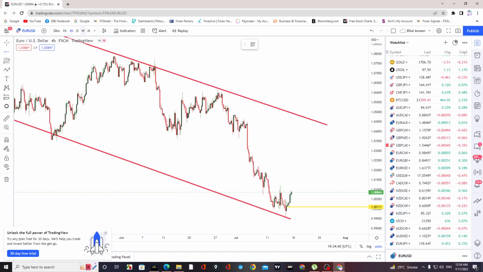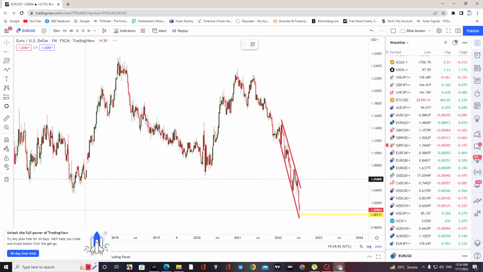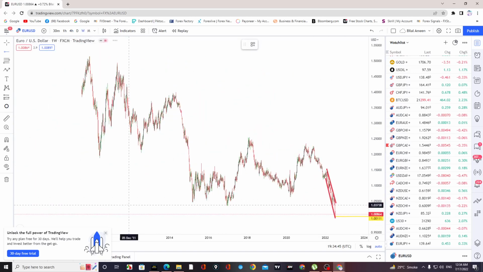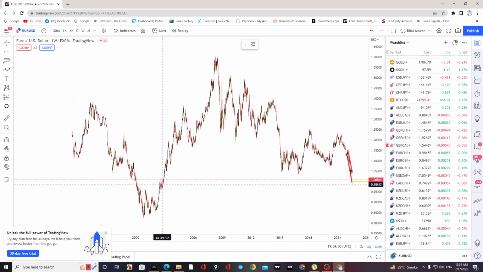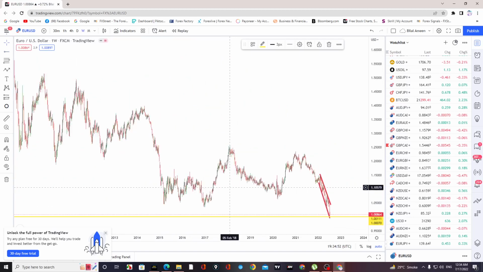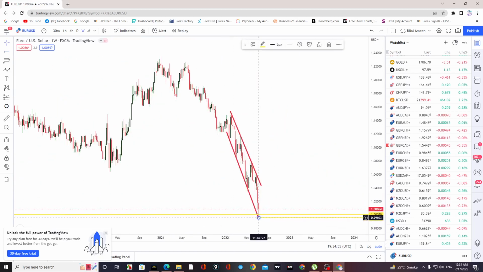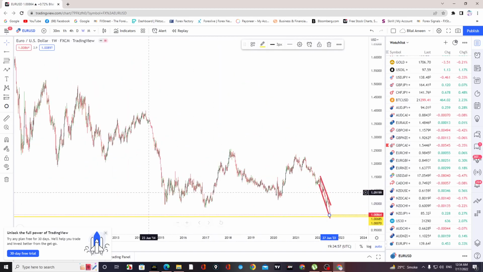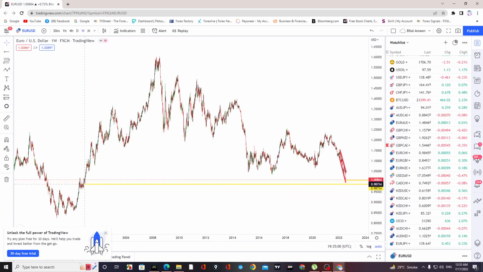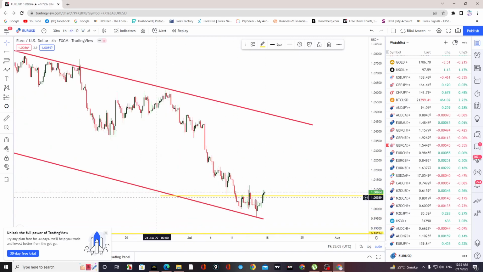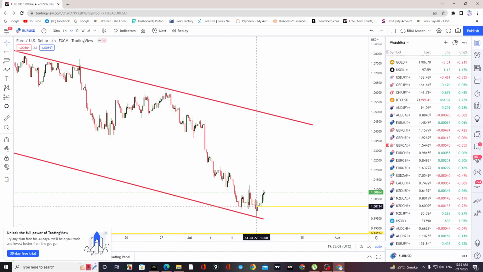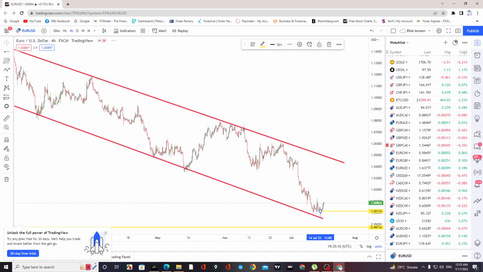If we check Euro USD weekly time frame, this is our SL place. We will place our SL at this point.